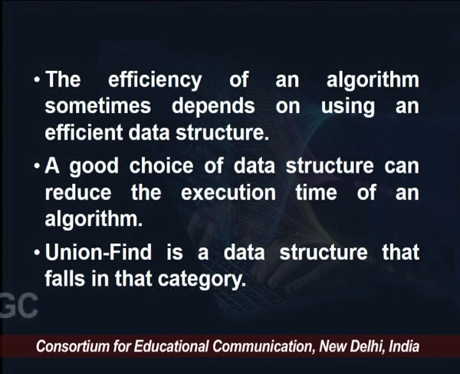When we talk about any particular data structure, the efficiency of an algorithm depends on using an efficient data structure. If our data structure is not so efficient, it will definitely affect the time complexity, and in totality the efficiency of the algorithm.